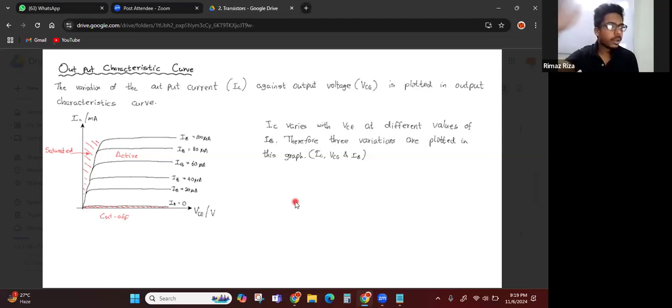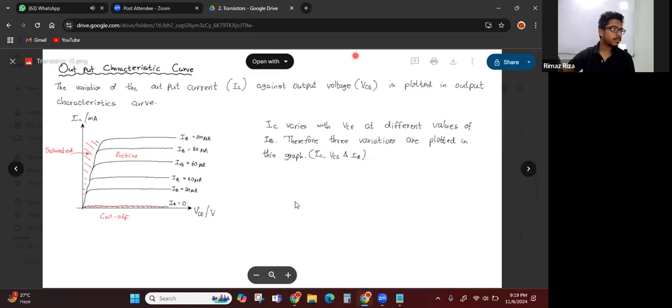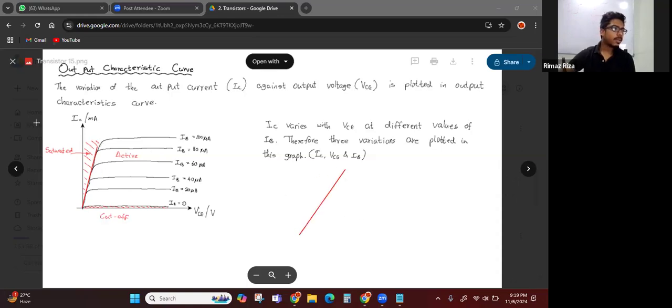Draw this graph. This part of the graph should look more like a straight line, something like this. And then it's not turning like this, it has to be a curved shape.